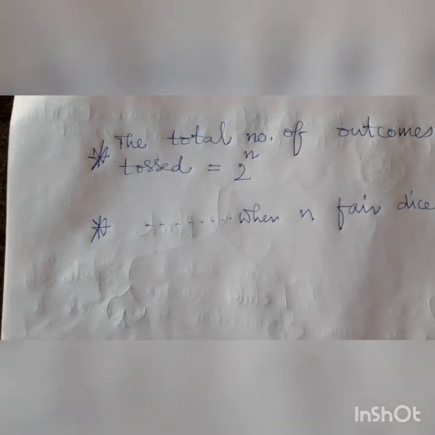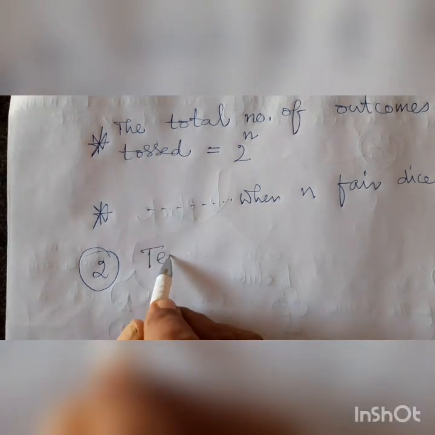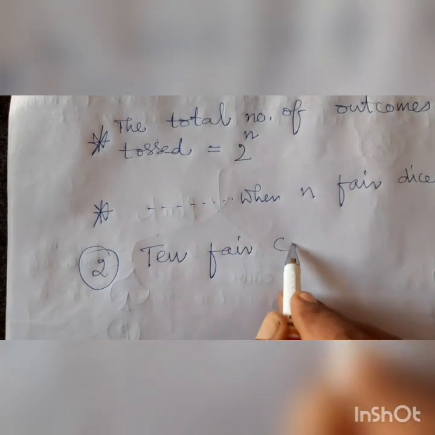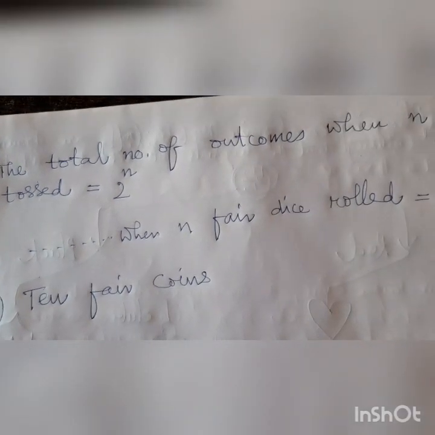Here on this, I will give you question number 2. The first question was discussed in the previous video. Now the second question. Ten fair coins are tossed.